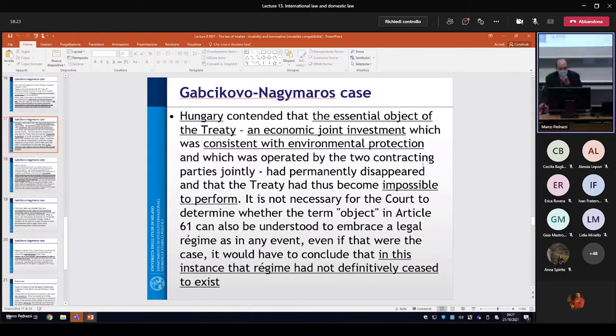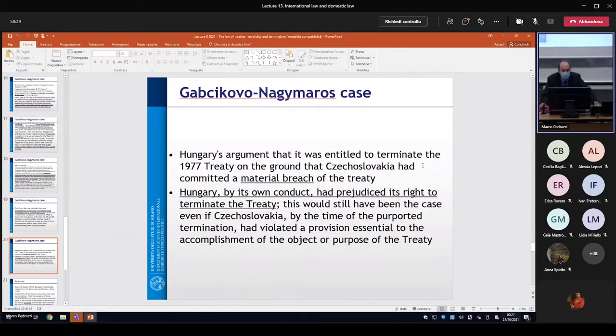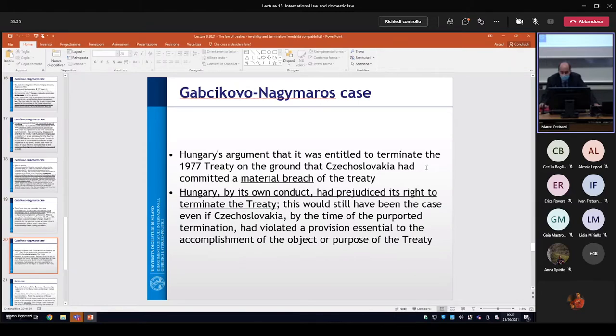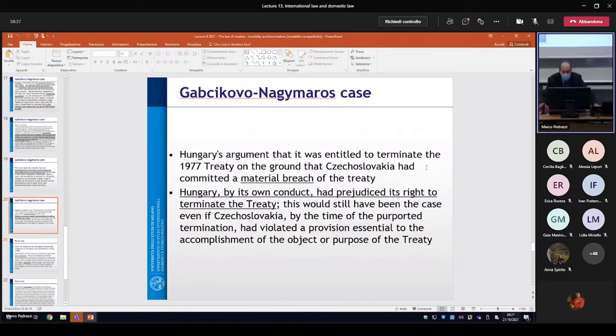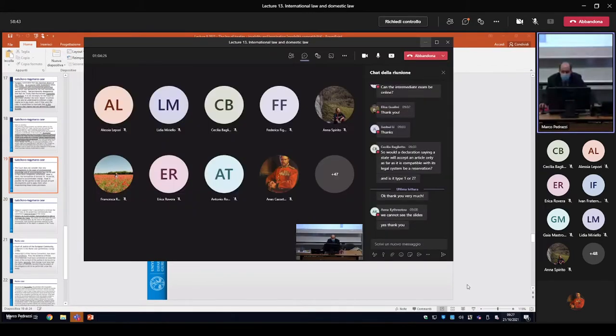So Hungary was invoking impossibility of performance, rebus sic stantibus, and material breach. But none of these causes was considered by the court to be acceptable. Okay, any question at home?